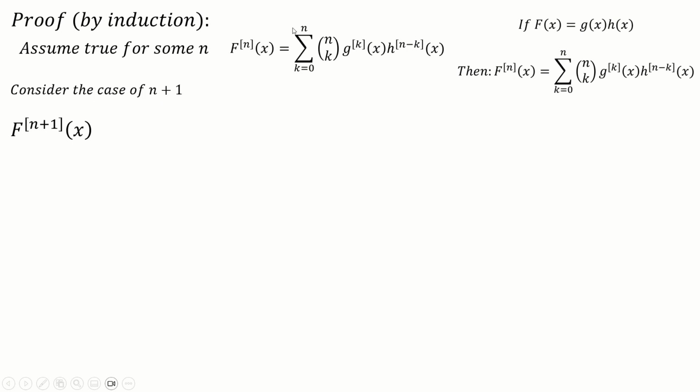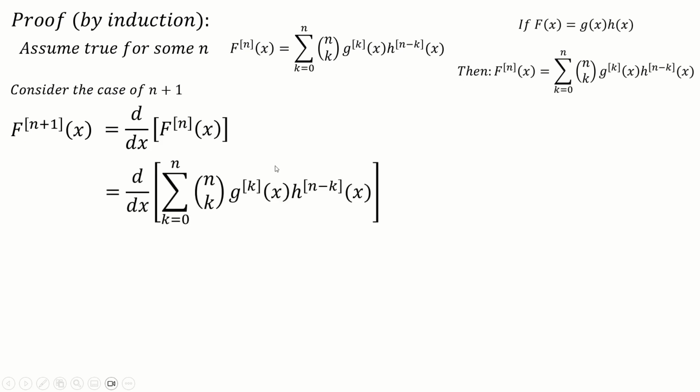Now, we can't use anything to do with this because this doesn't have n plus 1 in it here. So we can't do that, but what we can do is say f differentiated n plus 1 times is the same as the derivative of f differentiated n times, right? To get to here, all you have to do is differentiate this one again, okay? But this, by the assumption step, I can just replace it with that. So we have this here.